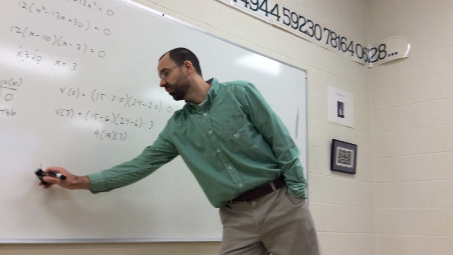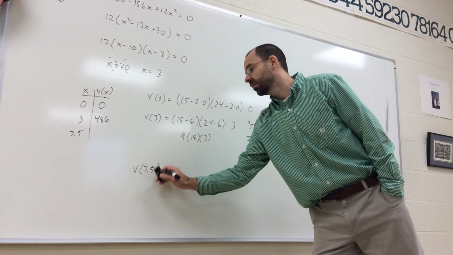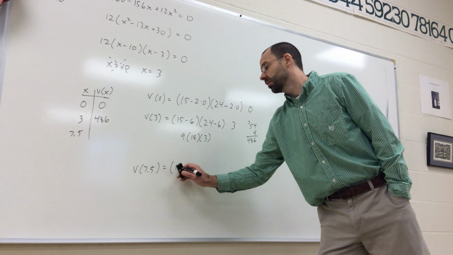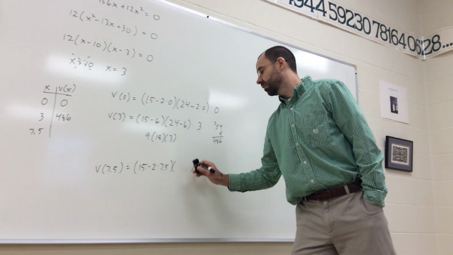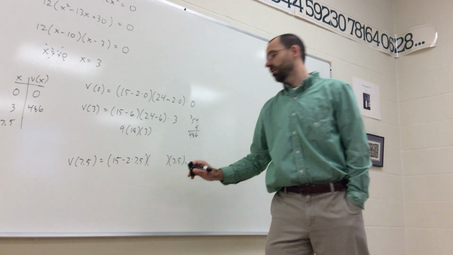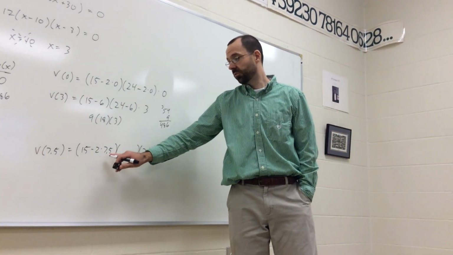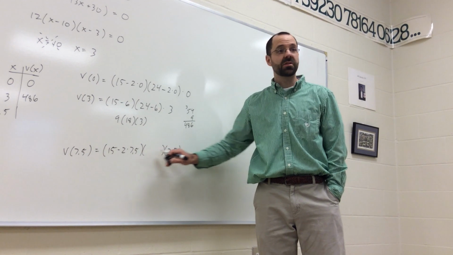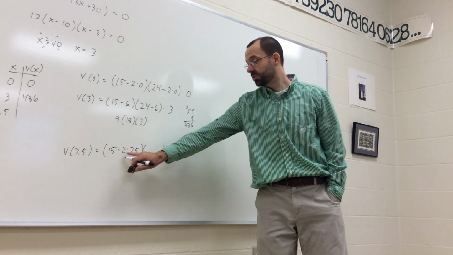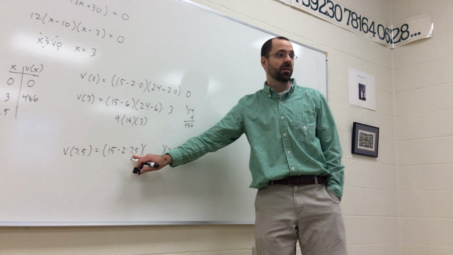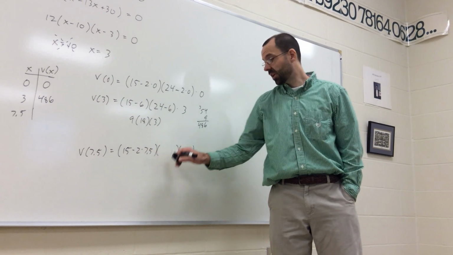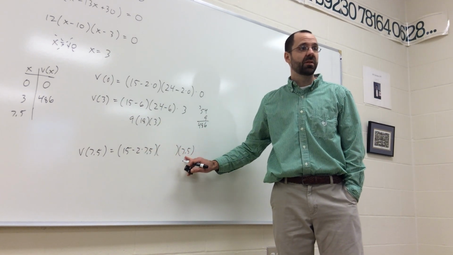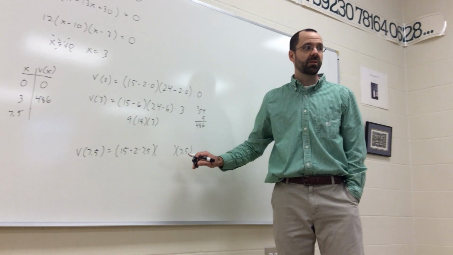And then for the 7.5, I don't really necessarily care about these other two numbers, because I know 2 times 7.5 is 15, and 15 minus 15 is 0. So I have 0 times something times 7.5, so that's going to come out to 0.